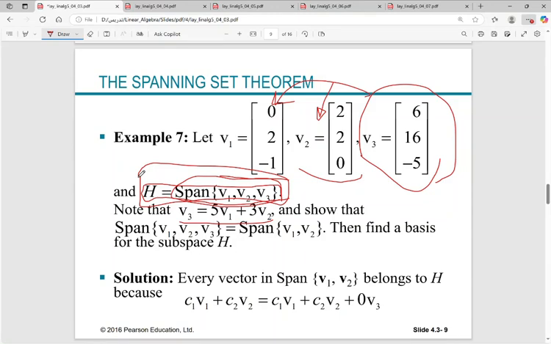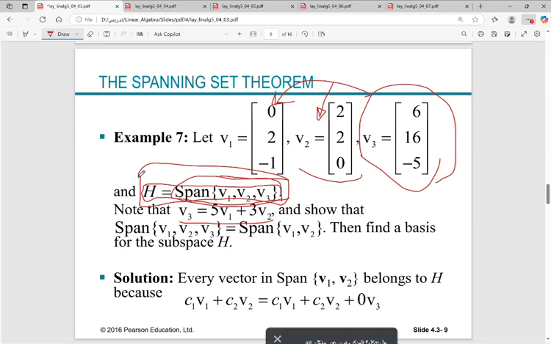V1, V2, V3. Span of V1, V2 equals span of V1, V2, V3. Now we have two vectors, V1 and V2. They span H. Furthermore, they are independent.